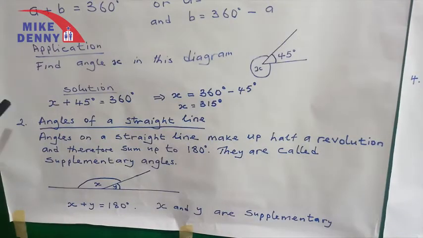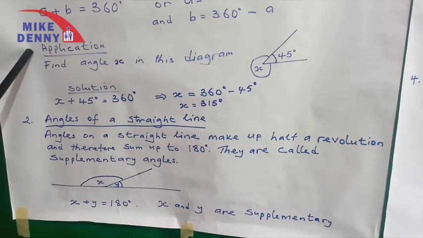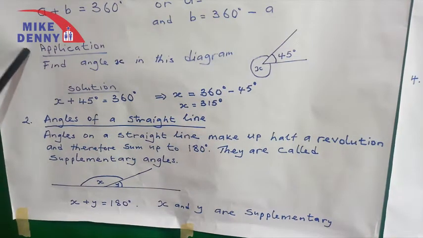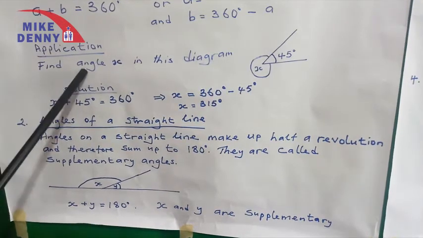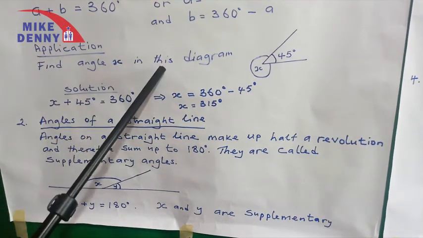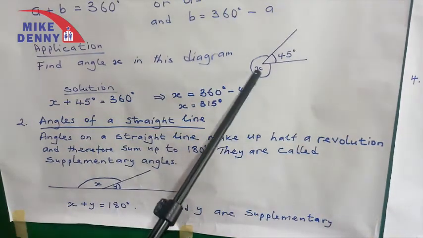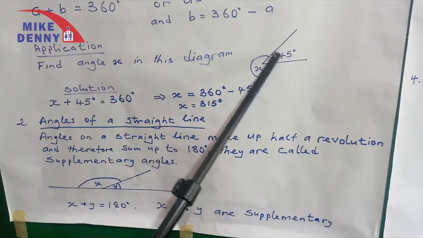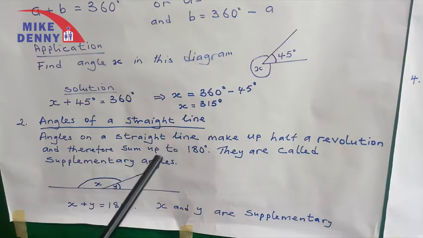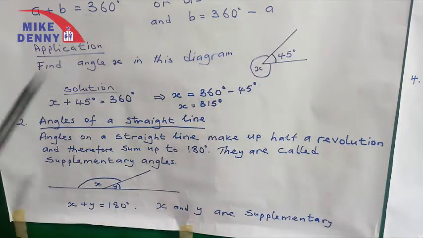What I've said can help you to solve a lot of problems, as you will see in the application that we have here. You can be asked to find angle X in a diagram like this. So this angle is X and this one is 45. And we have said angles around a point make up 360 degrees.